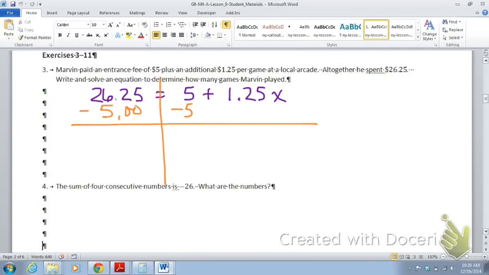So this is going to be 21.25 is equal to 1.25x. So now I just need to find out how many times I need to multiply 1.25 to get x, and the way I'm going to do that is by dividing by 1.25.